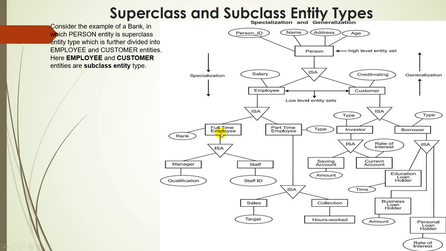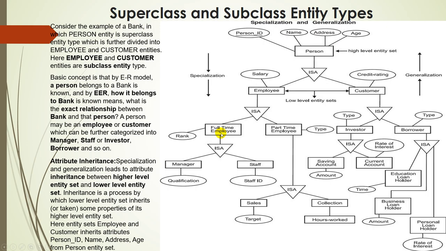So the full-time employee has six fields, and the part-time employee also has five fields from the parent, salary, and four fields that come from here, and one more field: type.